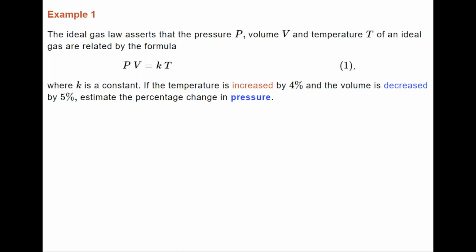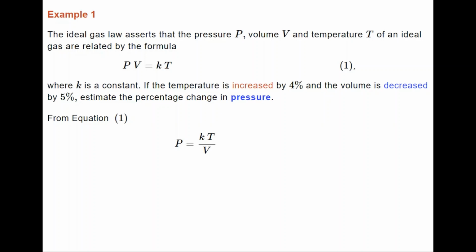And for that, we make pressure the subject of the equation. So from equation 1, we can write P equals K times T divided by V. The next thing is first to consider what change will be occurring in P when temperature and volume change, and what should be the pattern of change.